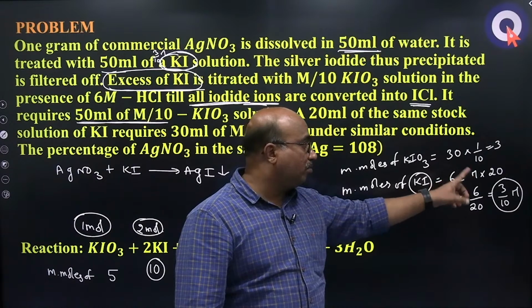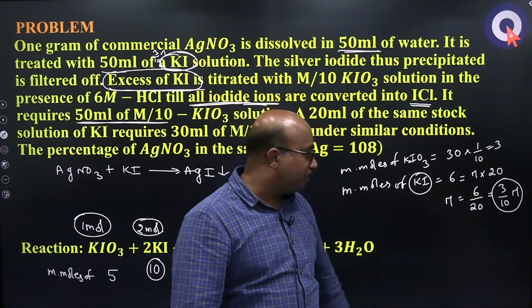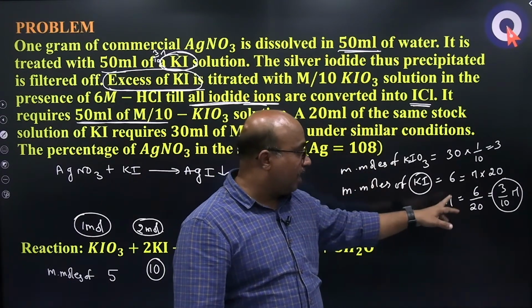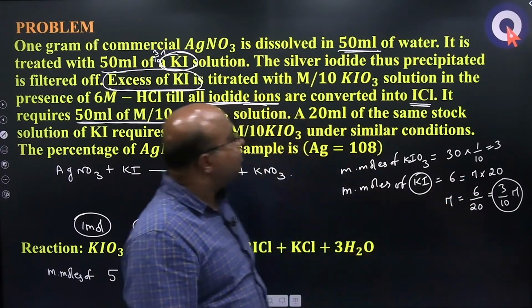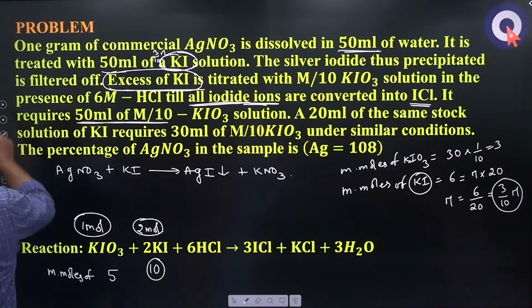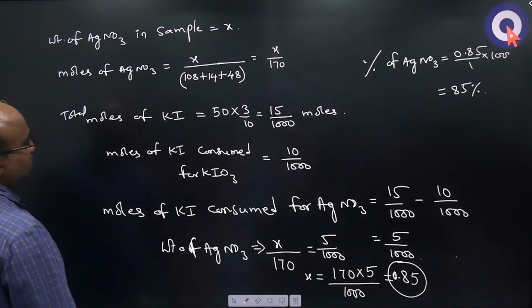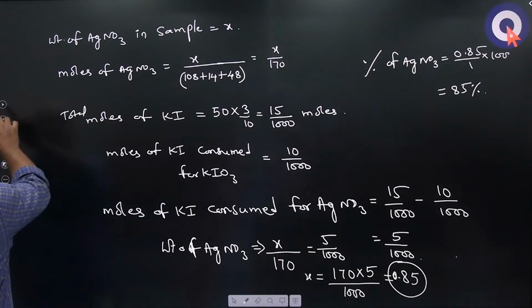That you should get from molarity into volume. 20 ml of that is taken. So we are getting the molarity of KI as 3 by 10. Clear? So then we calculated if a sample has X grams. Then let us see the next.